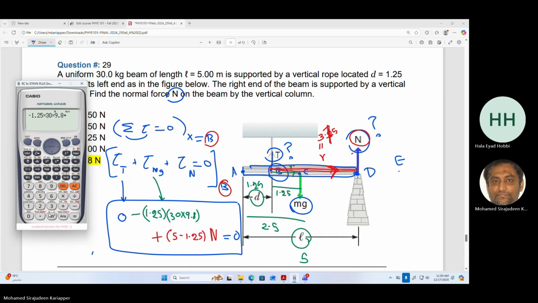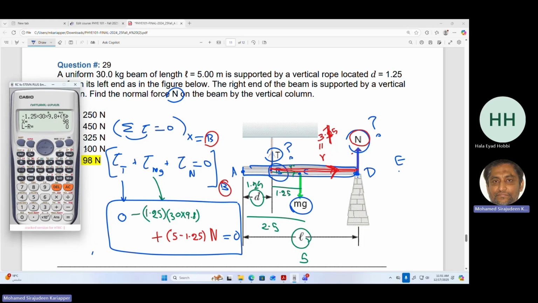Plus, open the parenthesis, 5 minus 1.25, close the bracket, multiply by what you don't know, so you put x. Alpha, right parenthesis will give you x. Alpha, equal sign, put 0. Now solve for it. Shift calc, that is from the previous calculation, plus the equal button, 98. Do I have 98? Yeah. Okay.